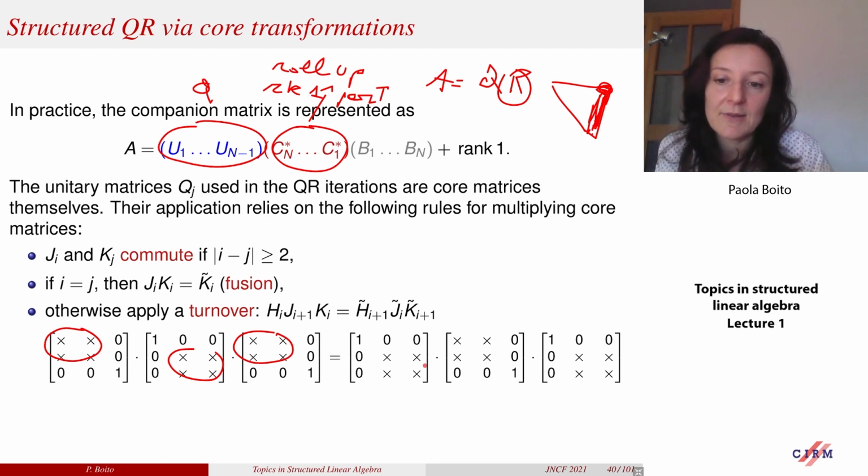So this acts on i plus 1, i plus 2, this on i plus 1, and this on i plus 2. Okay, and why is this nice?